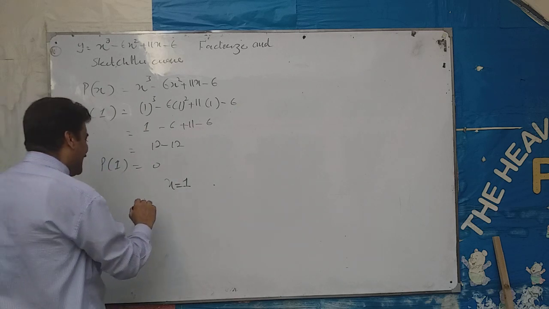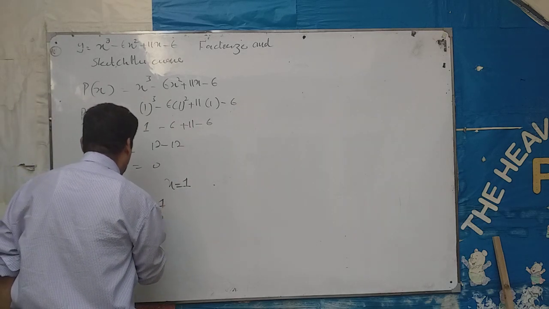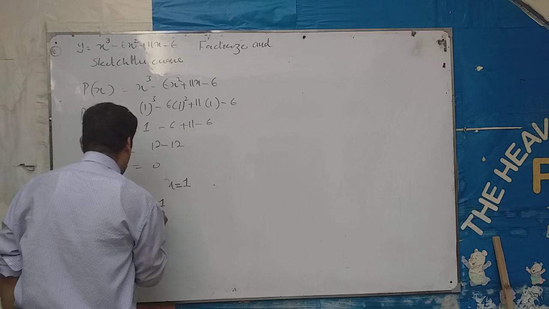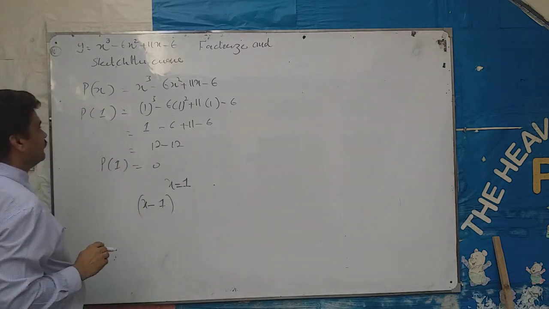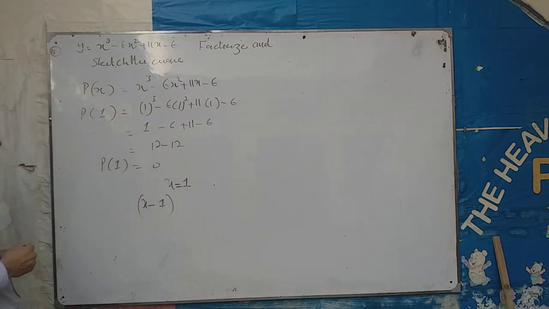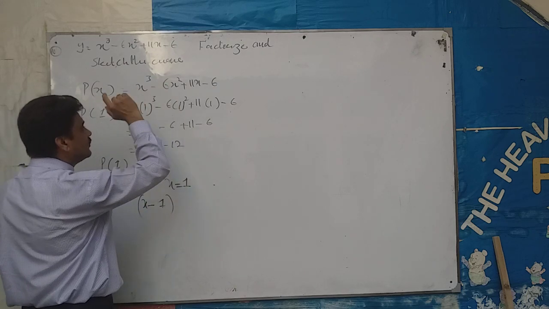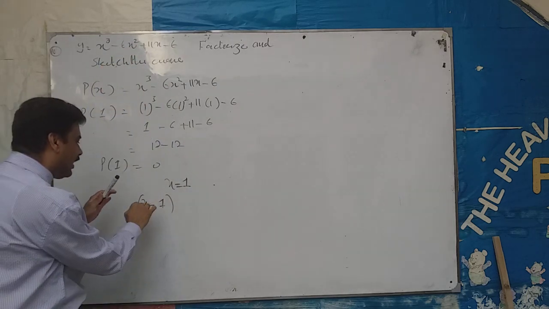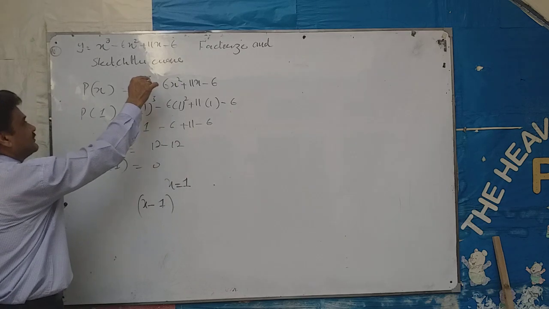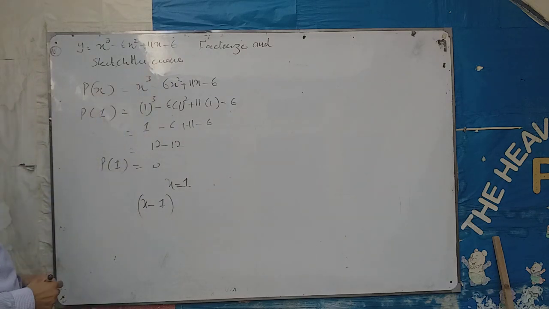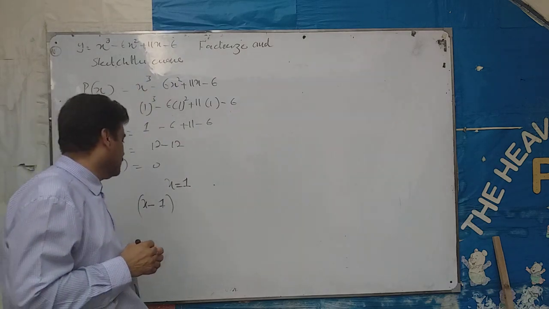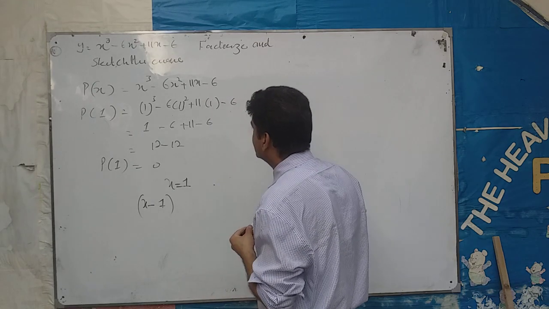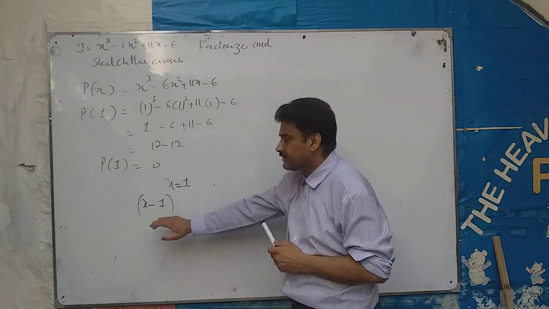Hence we can write that x minus 1 is a factor of this polynomial. x minus 1 is the first factor of the polynomial. When x equal to 1 is a root, x minus 1 will be a factor of this polynomial. And to find the other factors, we divide this polynomial by the factor x minus 1.